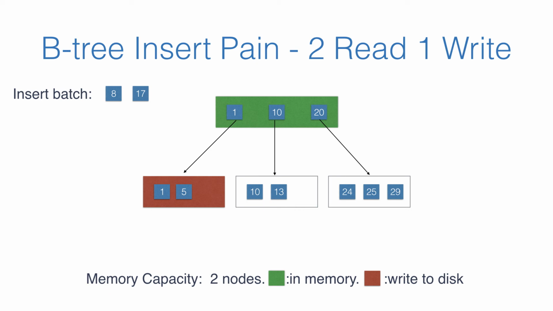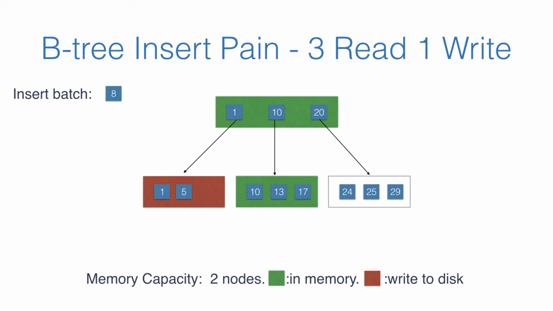But now I already have 2 leaves in memory, which means one of the leaves in memory I have to write back out to disk. Then I have to read the center leaf in and insert the number 17 into the center leaf. You insert it in memory just into the leaf.